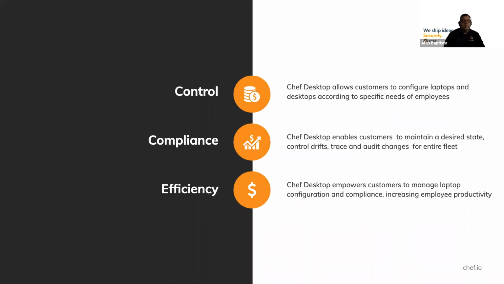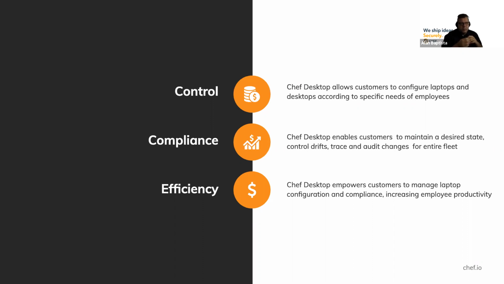Before we go on to demos, I want to showcase some of the use cases that we've seen our customers already considering using, and we've already signed up a few customers since we had our official launch as well, and some are actually customers in beta. But they're looking to really drive control, compliance, and efficiency.